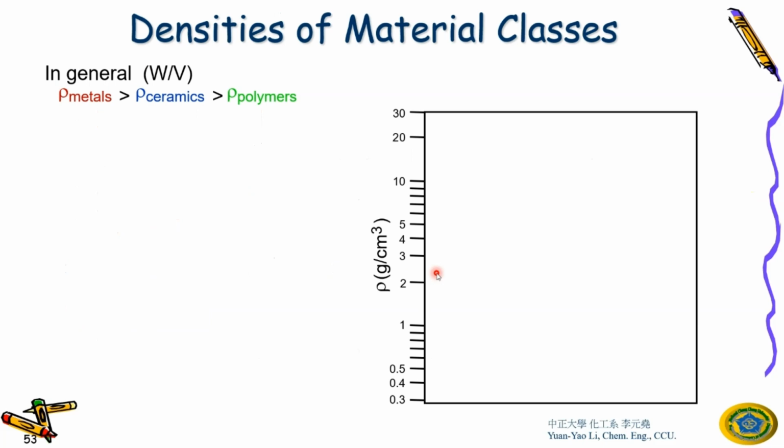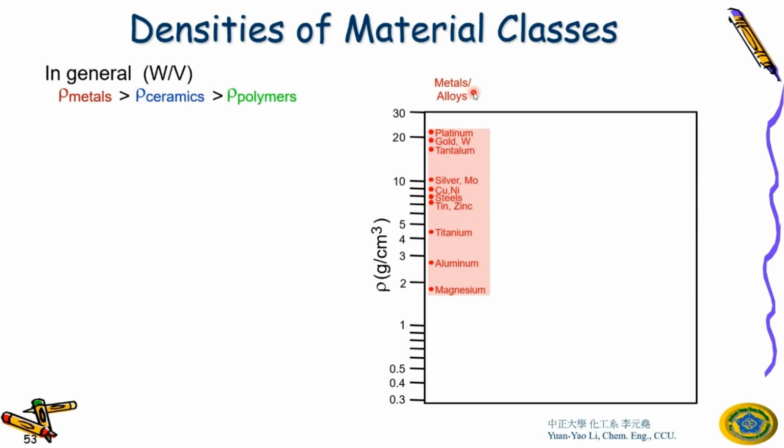Right, so if you compare the densities of the material classes, we know that metal is the heaviest compared to the ceramic, compared to the polymer. Polymer is plastic, always light. The y-axis is density.